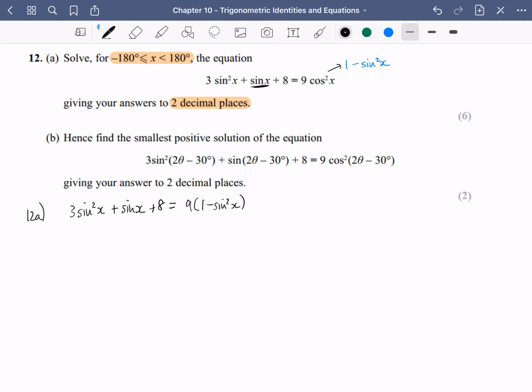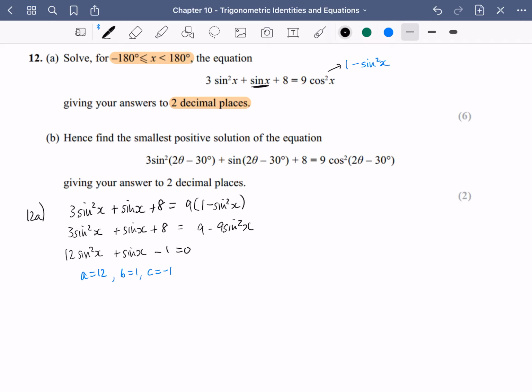I'm going to expand and get everything all onto one side. So 3 sine squared x plus sine x plus 8 is equal to 9 minus 9 sine squared x. Adding the sine squareds, you get 12 sine squared x plus sine x, and then 8 minus 9 is minus 1. So on my quadratic equation solver, a is 12, b is 1, c is minus 1.